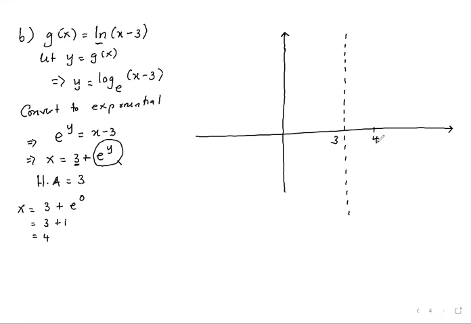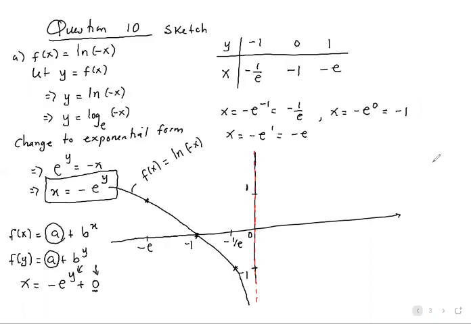Then everything else is positive, so this guy is going to go like this. This is the function f of x is equal to ln of (x minus 3). So this is exactly the opposite of what we had before, because what we had was negative inside.